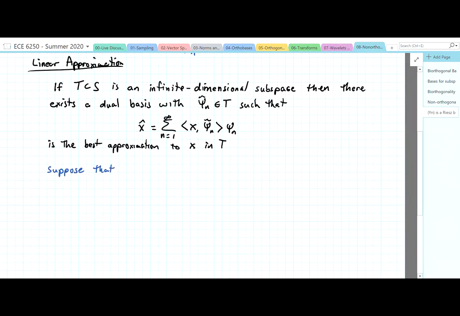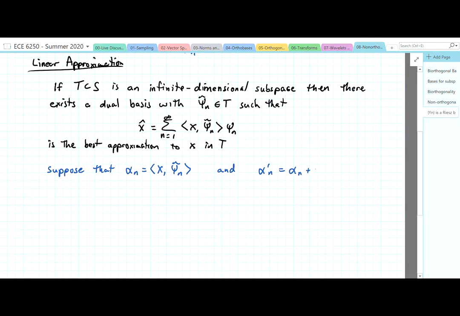So now let's look at the impact of using a Riesz basis instead of an orthonormal basis. Suppose alpha n is equal to the inner product of x with psi tilde of n, and we perturb this in some way.